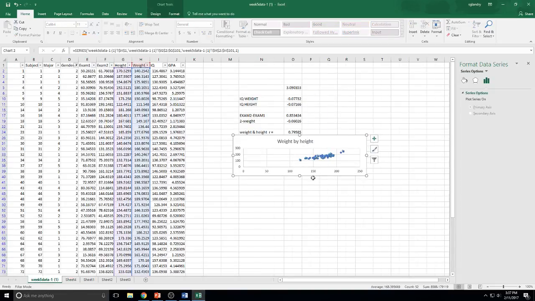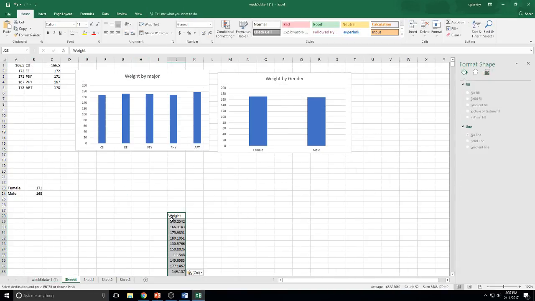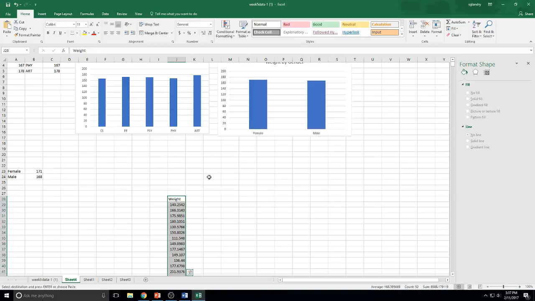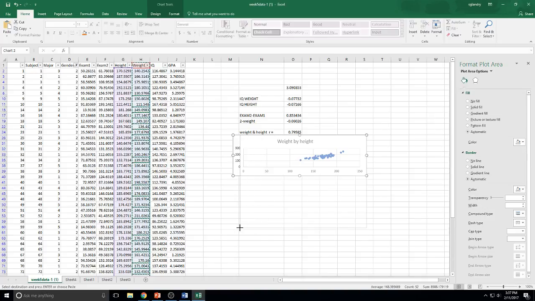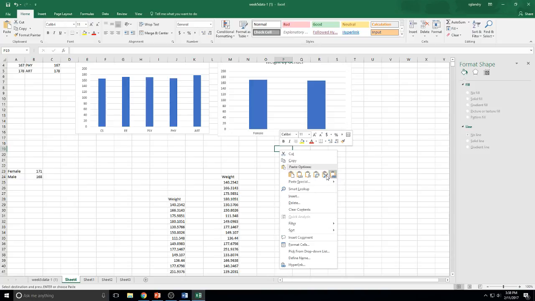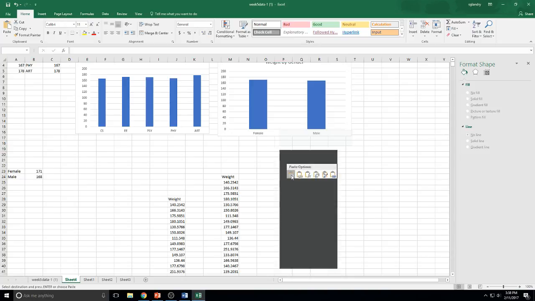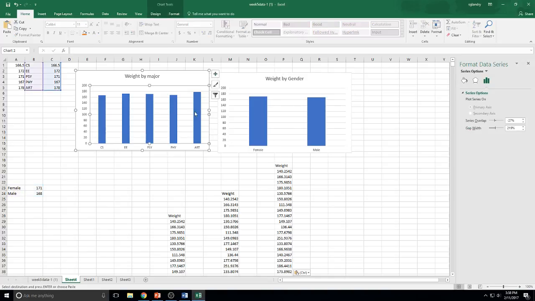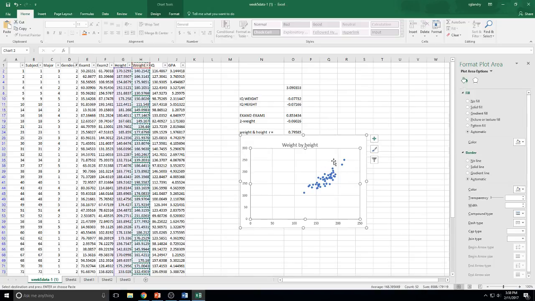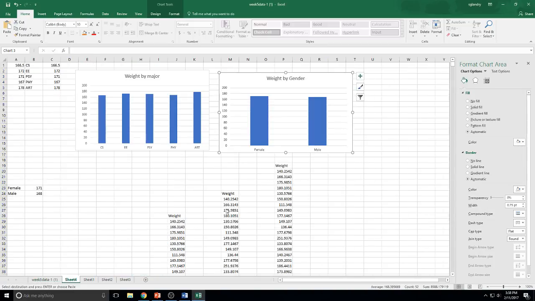But if I look at that graph, followed by this graph, I would say that height has the best relationship with weight out of these three variables: height, gender, major.